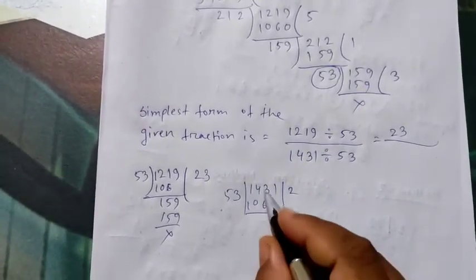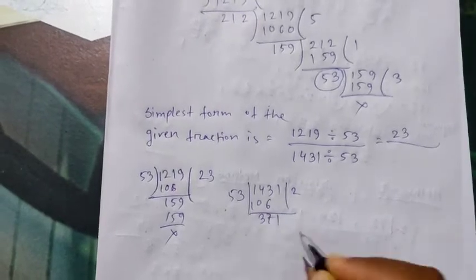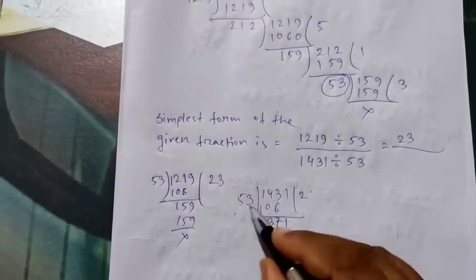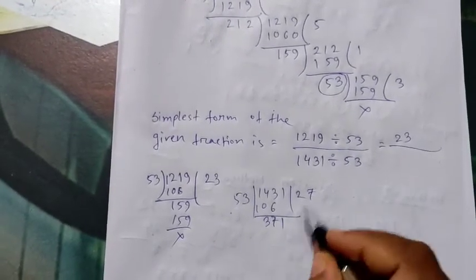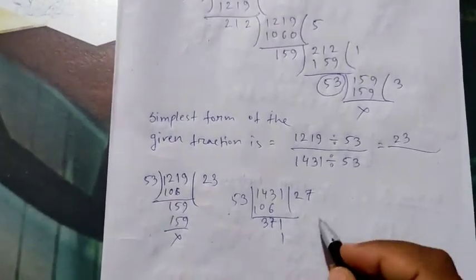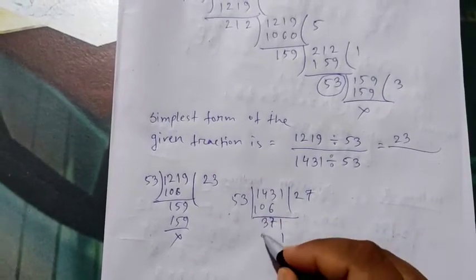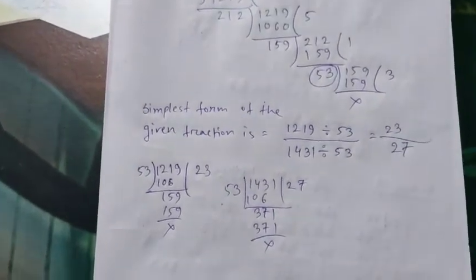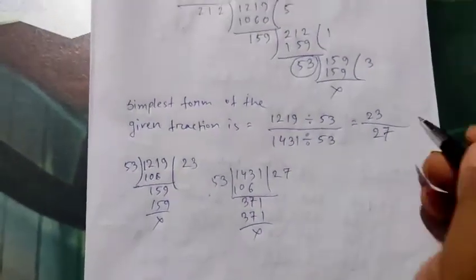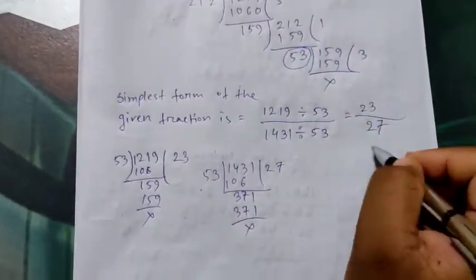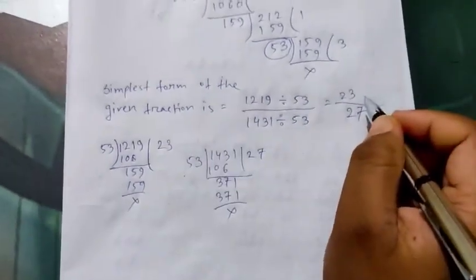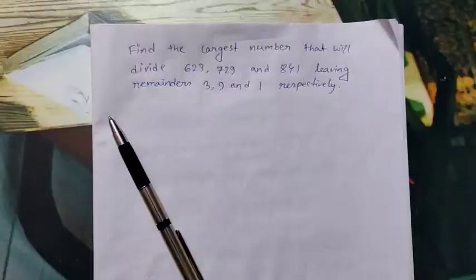If you subtract it, 371, then last digit is 1, so it should go by 7s are 7, 3s are 21, 2 is the remainder, 7 5s are 35, and 2 is 37. So it is done. 27 is the quotient. So once you get this, whatever you will be getting, that is the simplest form, and it is sure that you will be getting two co-prime numbers only.